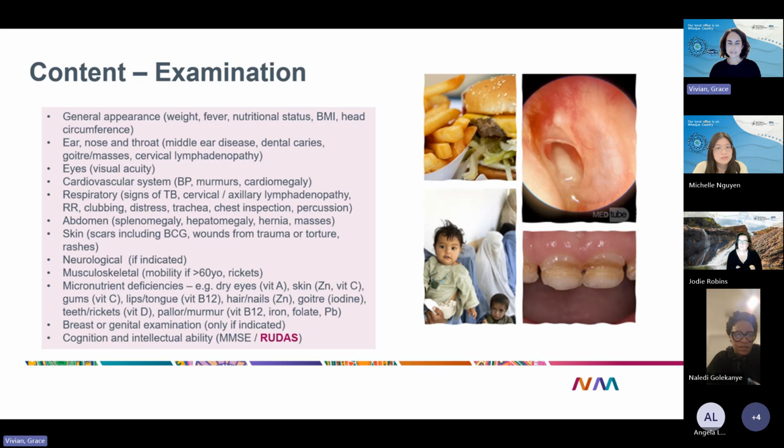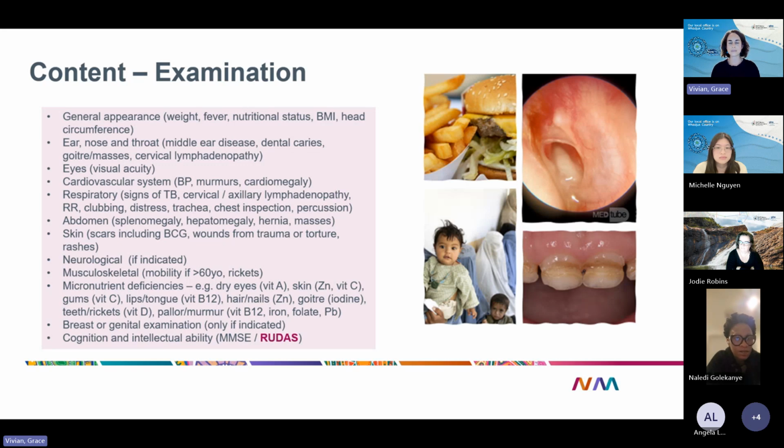Apologies again for the very busy slide, but a few key points from this. Thinking about nutritional status is really important in our clients. We've talked about ear, nose, and throat pathology. I'll highlight feeling for the cervical lymph nodes, and that's relevant when looking for TB, predominantly extrapulmonary TB, which we can always forget about.